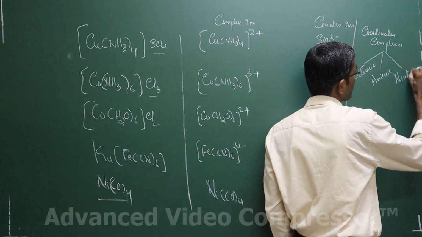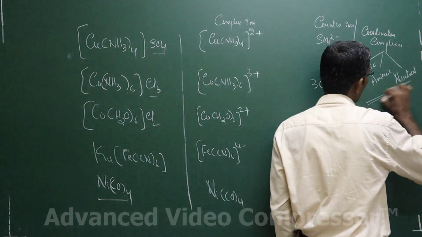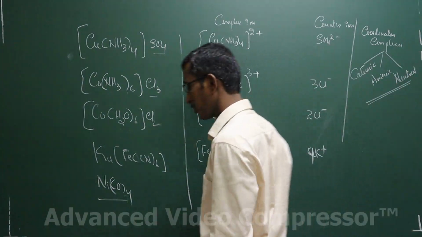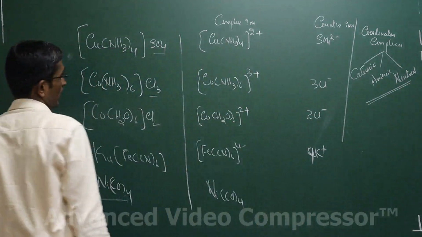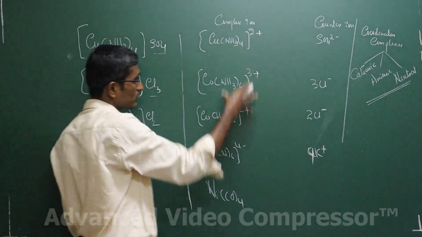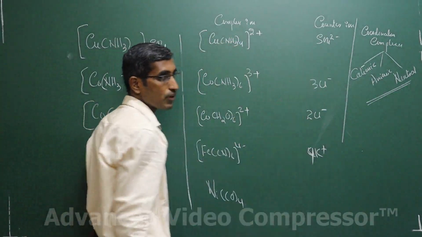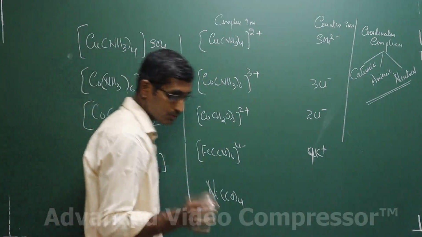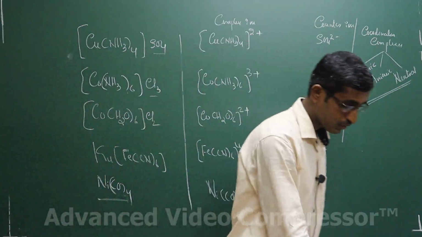If at all they ask you which of the following is an example of a neutral complex, or of a cationic or anionic complex, you need to look at the complex ion. If it carries a positive charge, then it is a cationic complex. If it carries a negative charge, then it is an anionic complex.